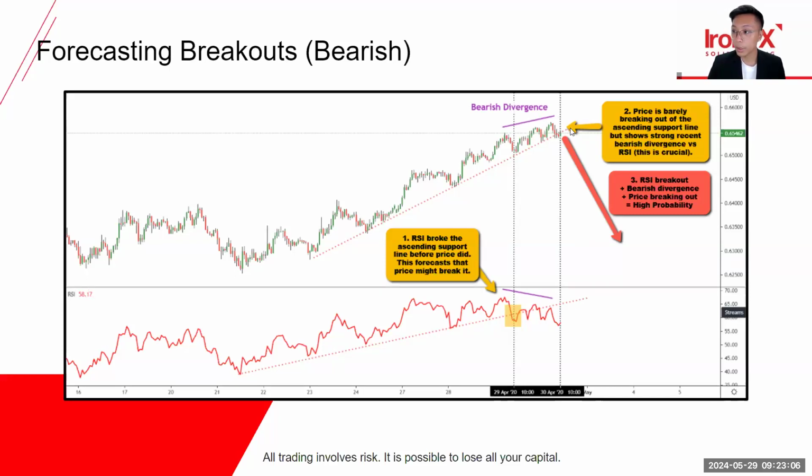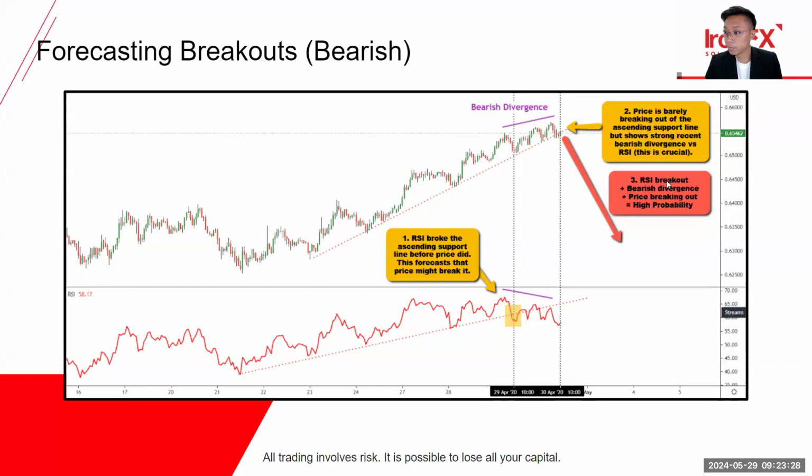Price is barely breaking out of the ascending support line, but shows strong recent bearish divergence versus RSI. Since RSI has already broken this ascending support, there might be a chance where price could break it too.